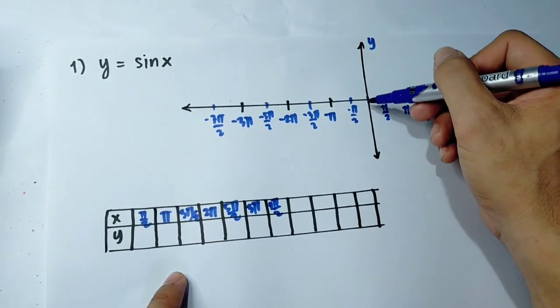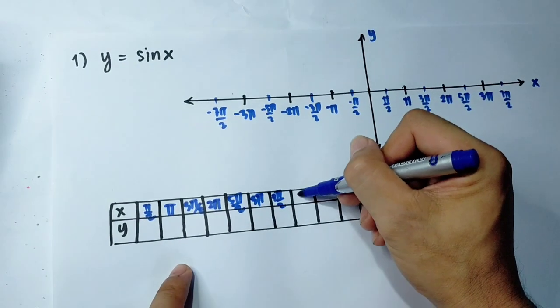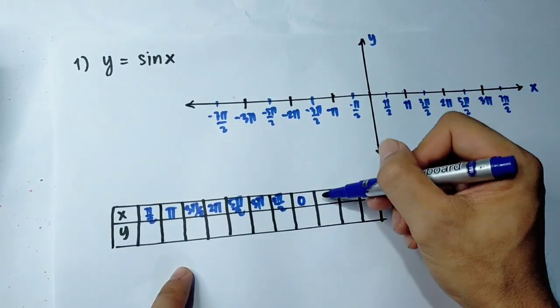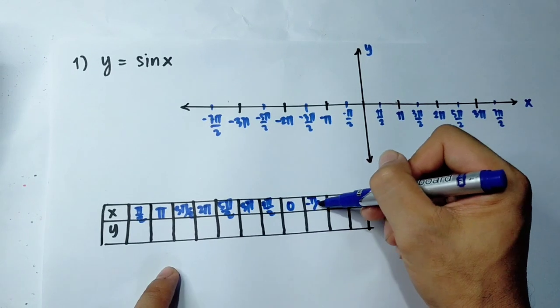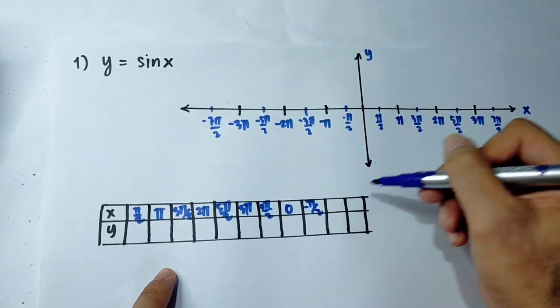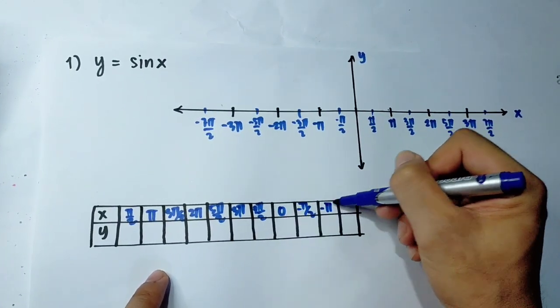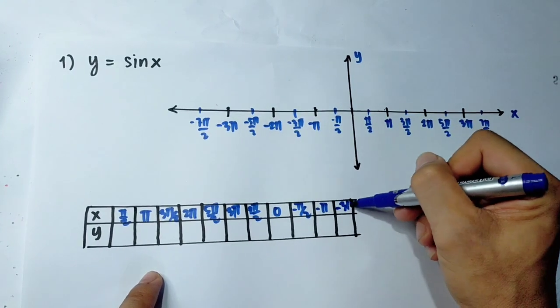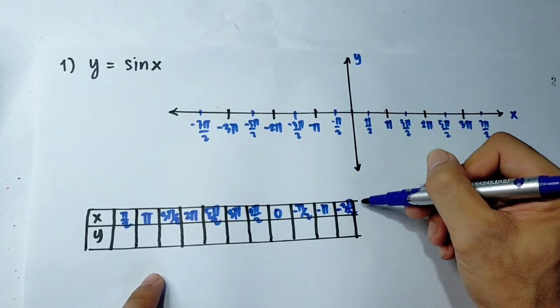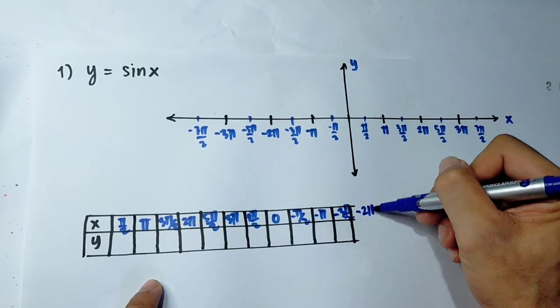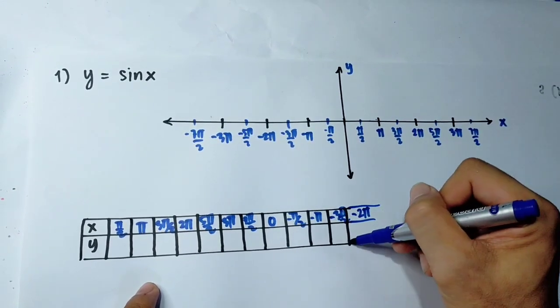Then towards the negative, I will include the 0 as well, the origin. Then negative 5 pi over 2, and next negative pi, negative 3 pi over 2. We can continue to negative 2 pi, so on and so forth.